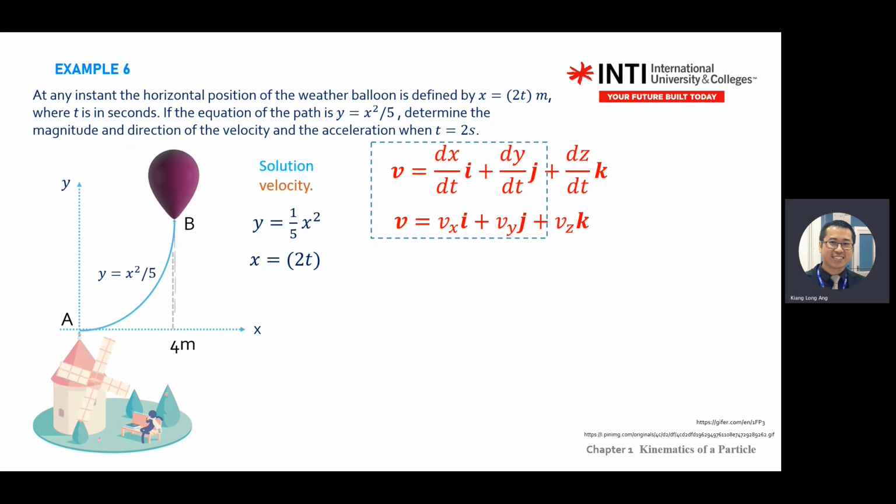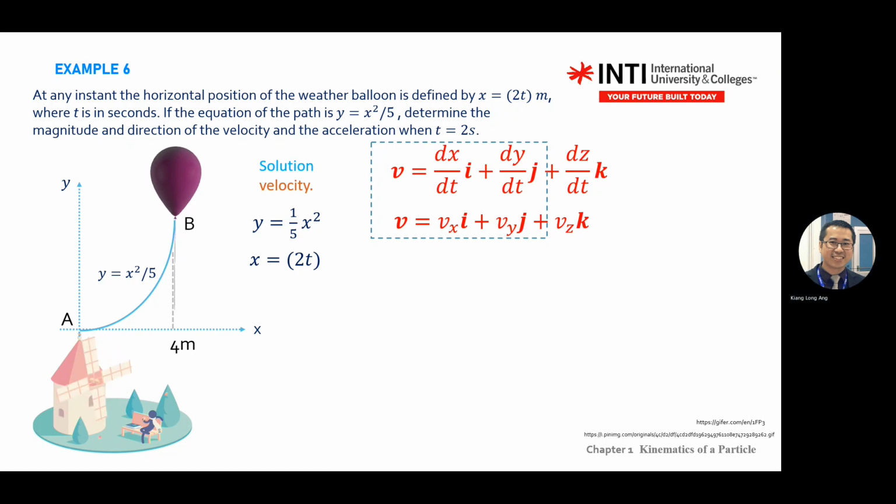What do you get if you differentiate this one? 2t becomes? Differentiate, not integrate. Differentiate is what? Only 2. Okay. So your Vx, you differentiate your x, and this one gives you 2.